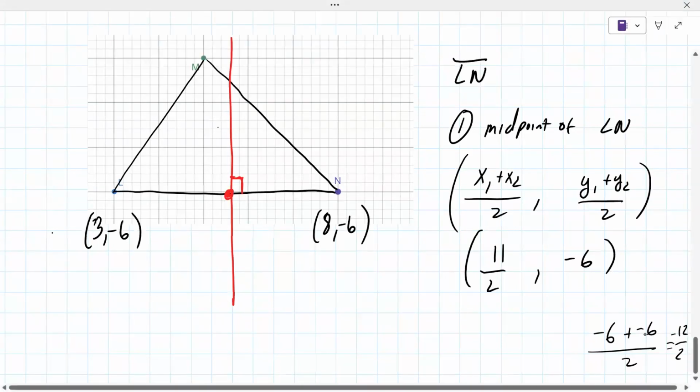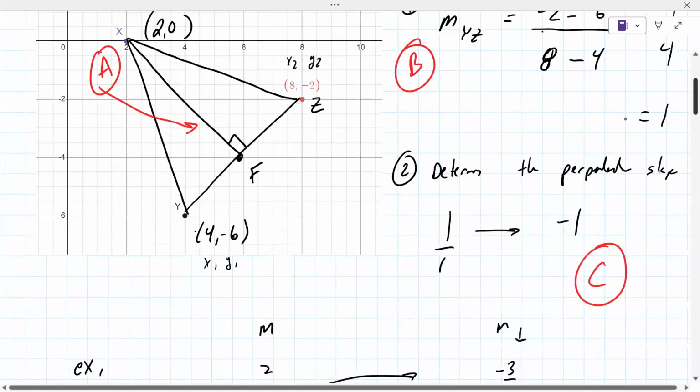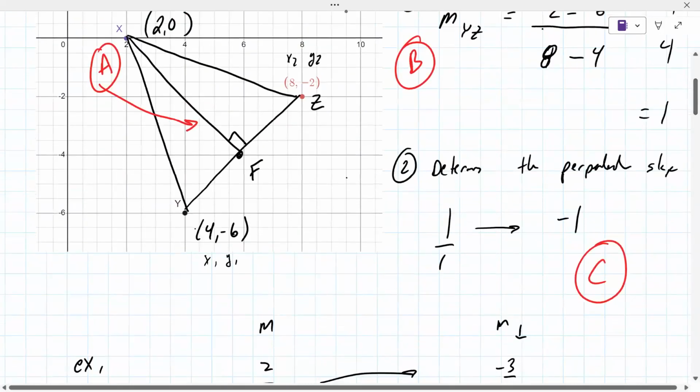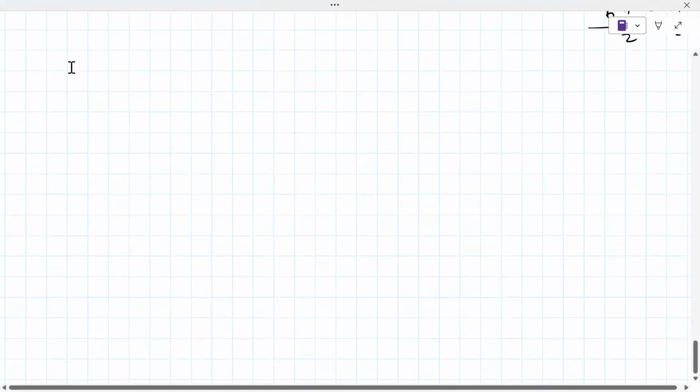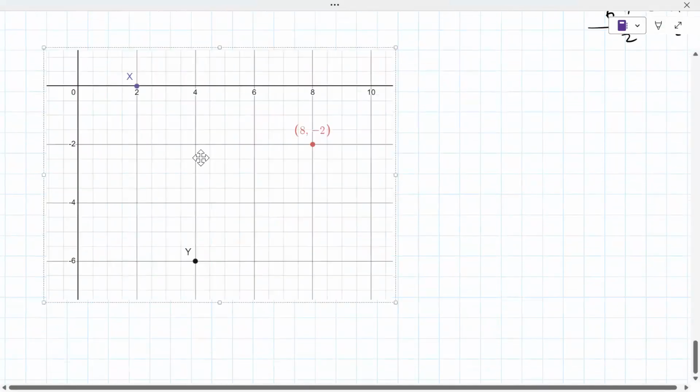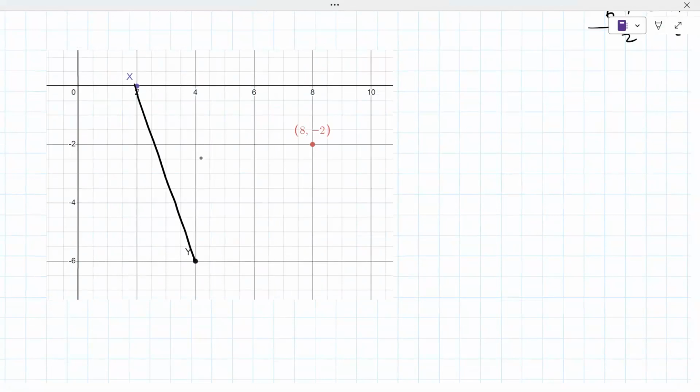We'll go back to one of the original ones you had thrown at me. This one. All right, here we go. We've got this triangle right here. This is Z 2, 0. This is 4, -6.